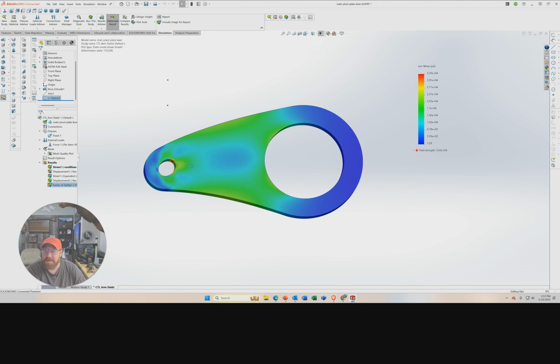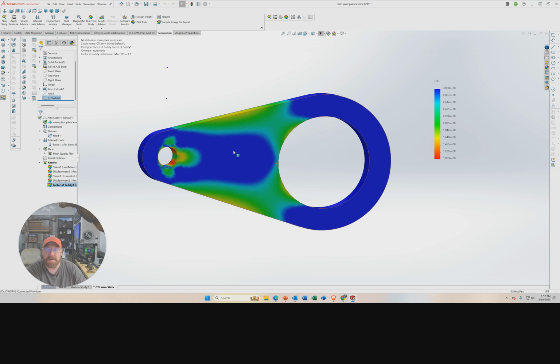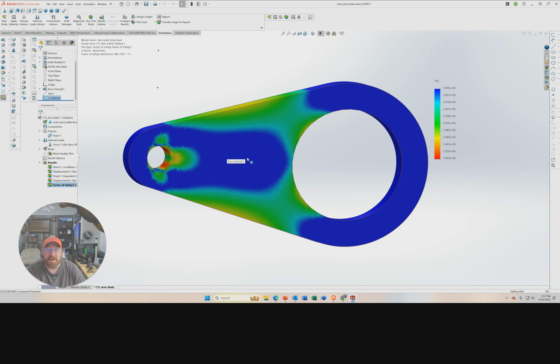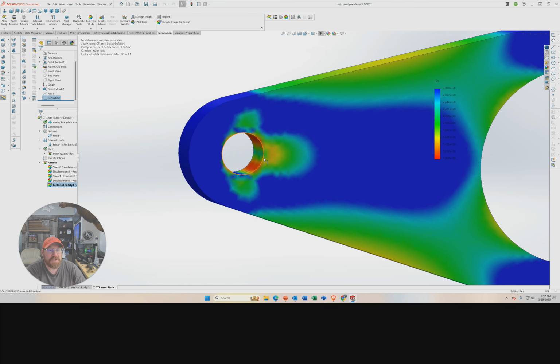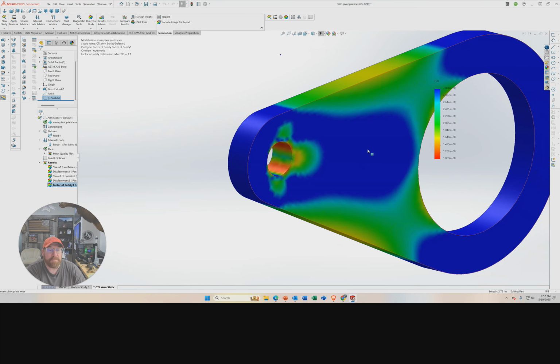But we also want to look at the factor of safety, and this particular graph shows us where the factor of safety is on this part. We can see that anything in blue is above a safety factor of 3, and our lowest is a little over 1. That tells us that we want to take a look at this part and probably redesign it, because a safety factor of 1 is not going to cut it.